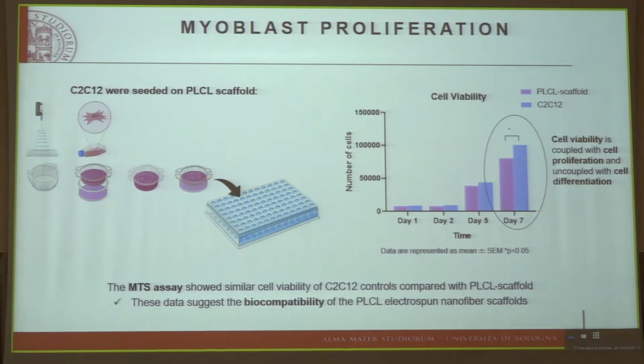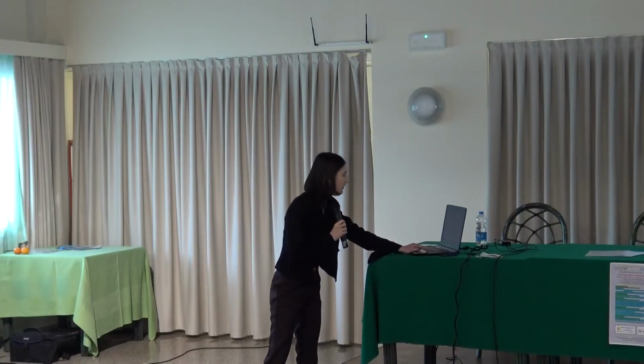It is related to the fact that cell viability is indeed coupled with cell proliferation, but is uncoupled from cell differentiation. And in our case, our scaffold acts as a stimulus for cell differentiation. So this is why we had at day 7 a reduced number of cells on our scaffold.